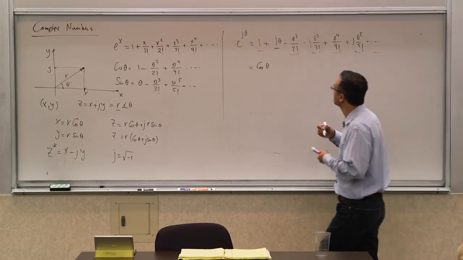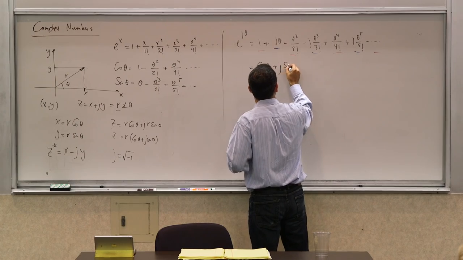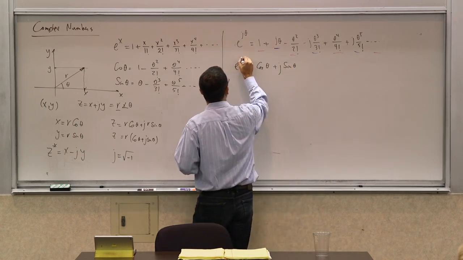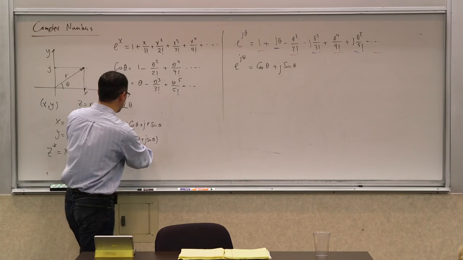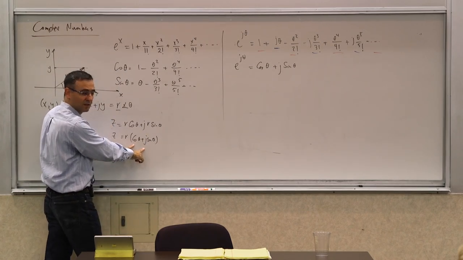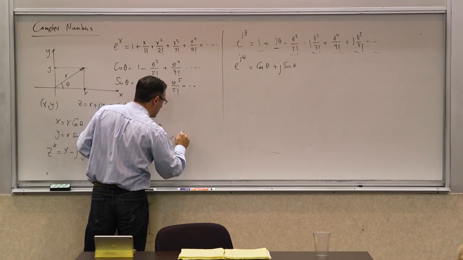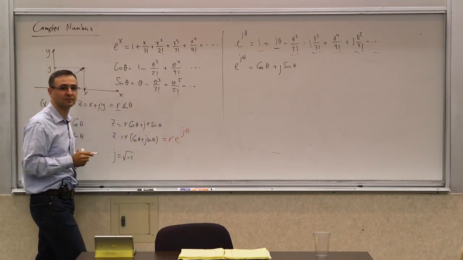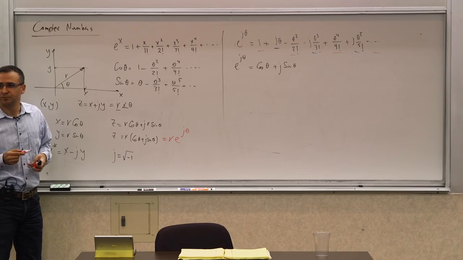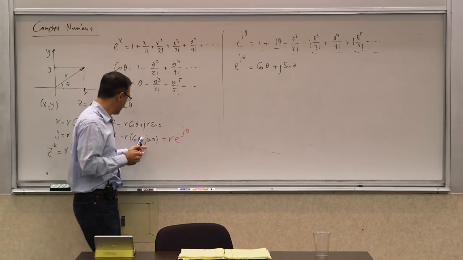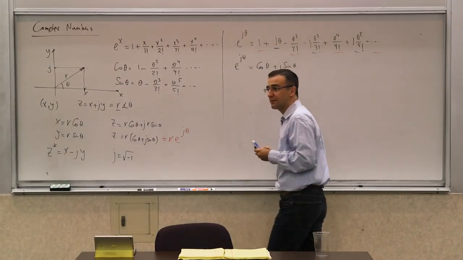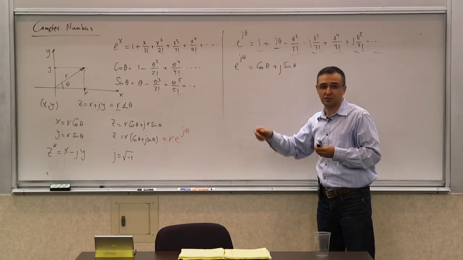J sine of theta. So e to the j theta is that, but that's what we had here. So now you can write this as r e to the j theta. So this is equal to that. You can see it from here. This is called Euler's relationship.